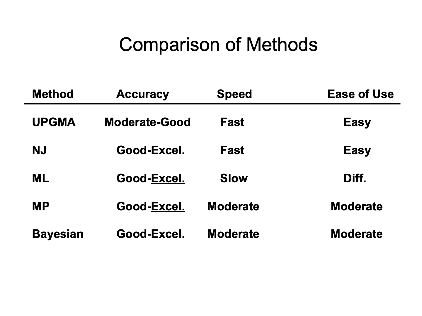And here's just a simple evaluation of each. UPGMA is moderate to good in accuracy, fast and easy. Neighbor joining is also good to excellent, fast and easy. Maximum likelihood is slow, a little bit difficult to use, but it gives excellent results.